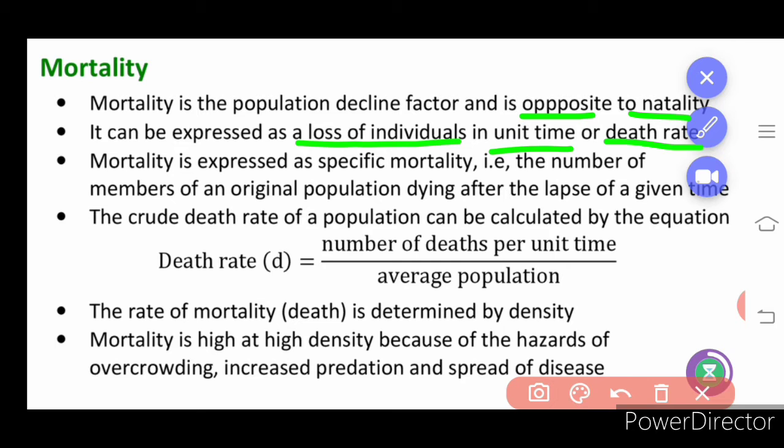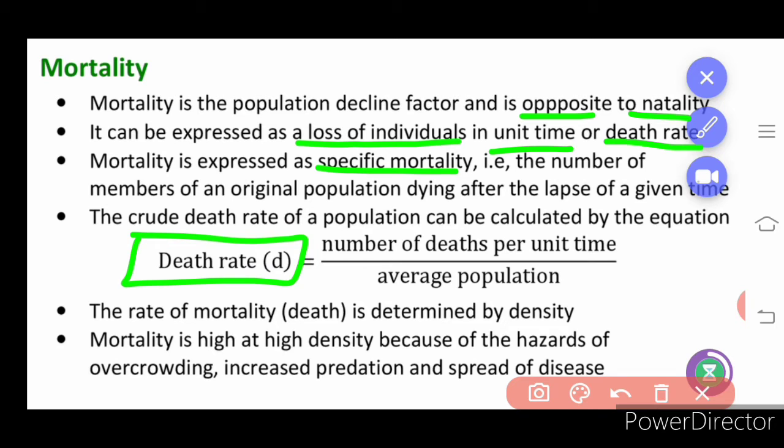Then mortality expressed as specific mortality, that is number of members of an original population that die after a lapse in the given time. Then the death rate can be defined or given by number of deaths per unit time to the average population. Rate of mortality is determined by density.